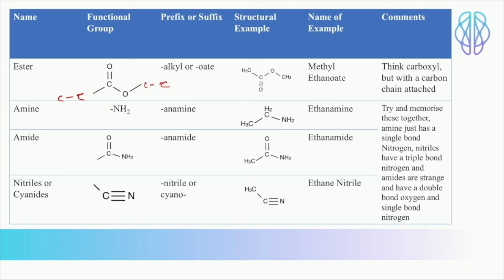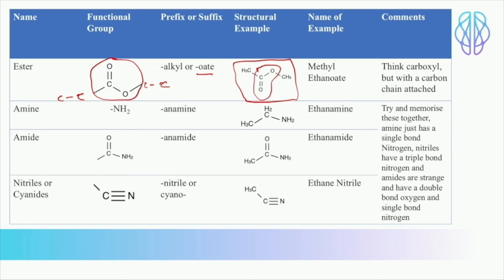Just recognize that if you see a functional group that kind of looks like that, you're going to denote it with the suffix "-oate". So this compound here is methyl ethanoate, and the same kind of works the other way around. If you see methyl ethanoate, just know that it's an ester and it will have a functional group that looks like this.